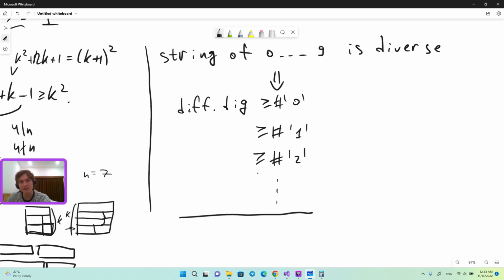Let's remember that the number of all digits is 10. So the number of different digits times 10 is at least the length of the string.